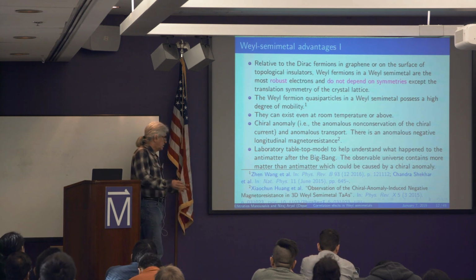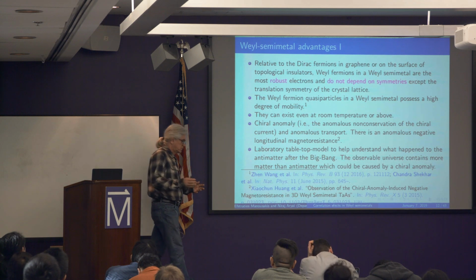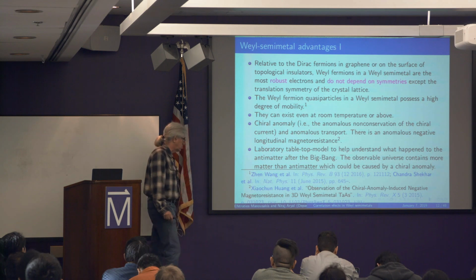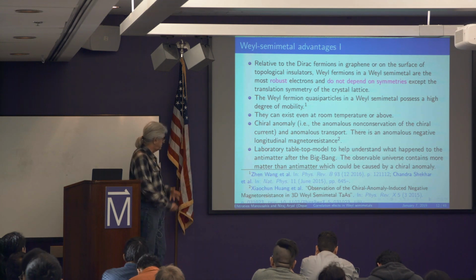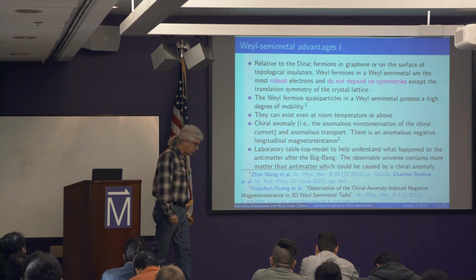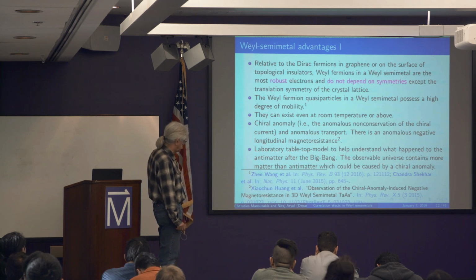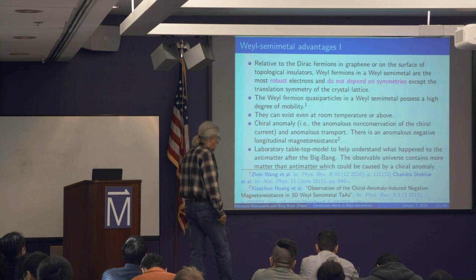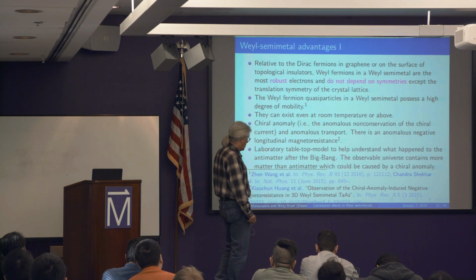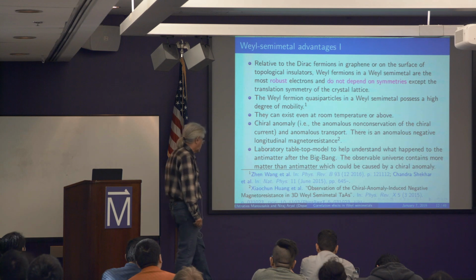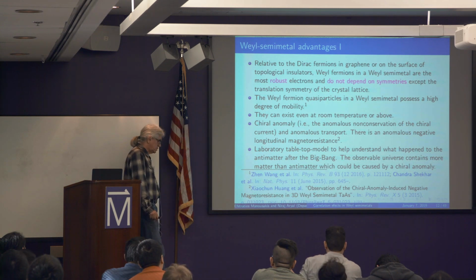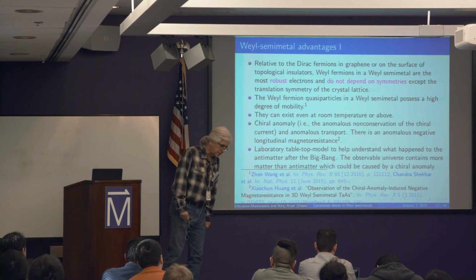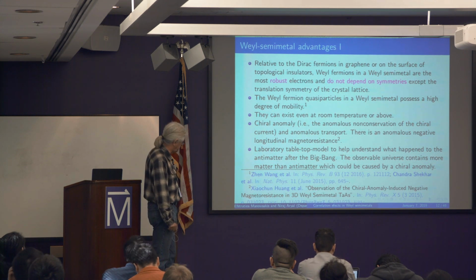For example, we don't observe antimatter in large amounts. They should have been equal if some symmetry is not broken, because as you know, out of vacuum in the beginning, the universe was only energy, and then out of these photons, you got particles and antiparticles coming out. And the question is, what happens to antimatter? I guess with a model similar to chiral anomaly, you can explain that the universe is now full of matter.